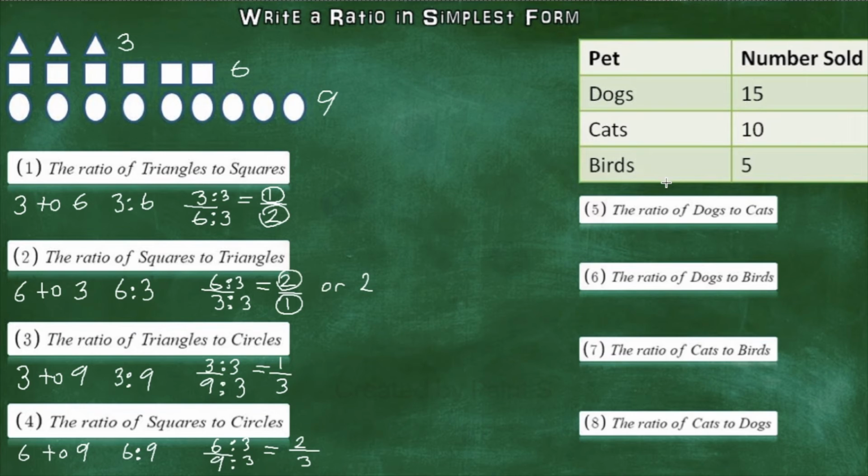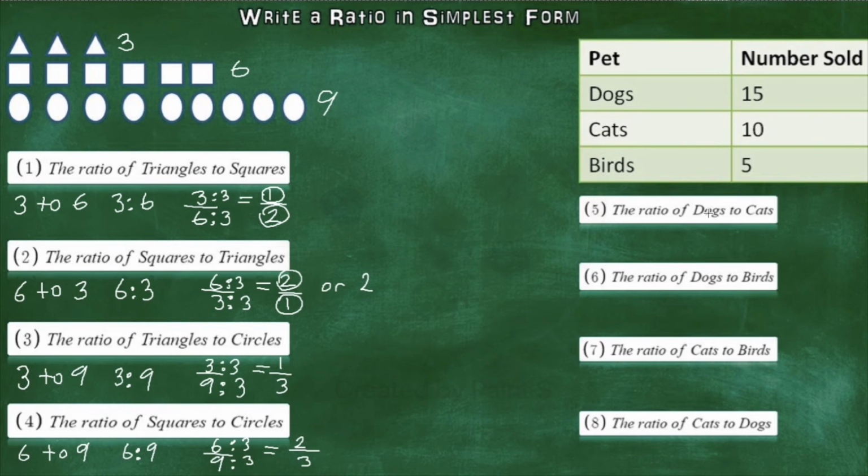Another question is about a table. In this table we have pets, which represent dogs, cats, and birds. And the second column shows number sold. So they sold 15 dogs, 10 cats, 5 birds. So this is a table, and we can see that information on it. The question is the ratio of dogs to cats.